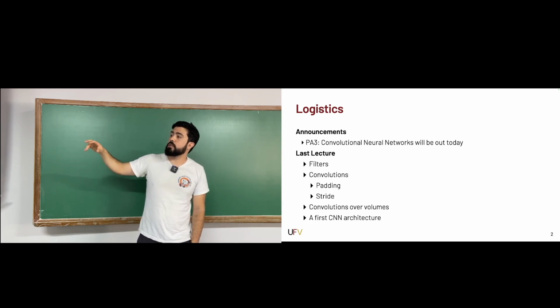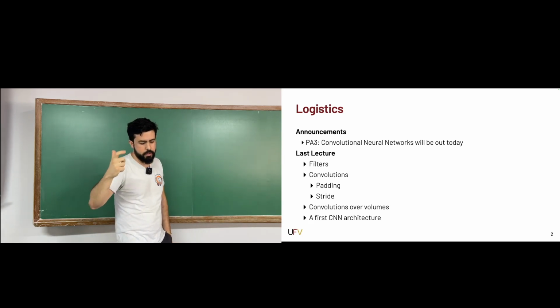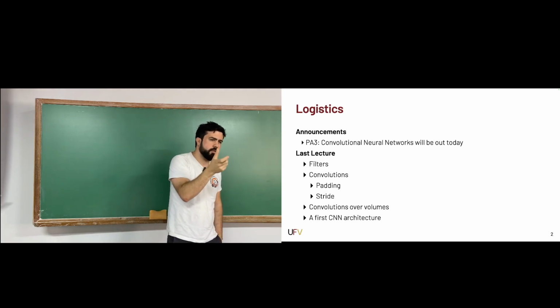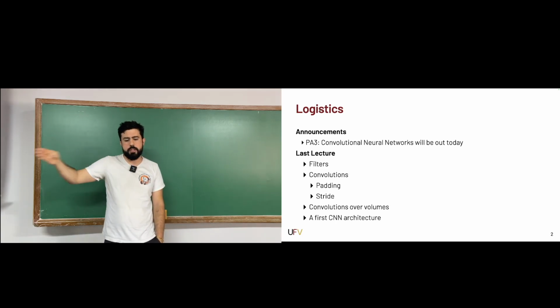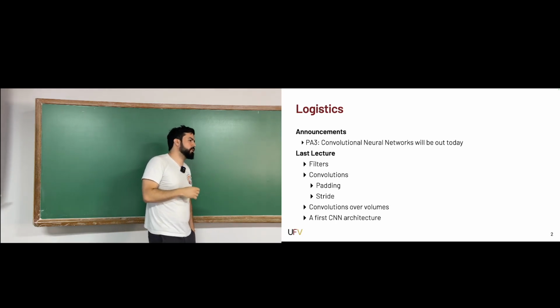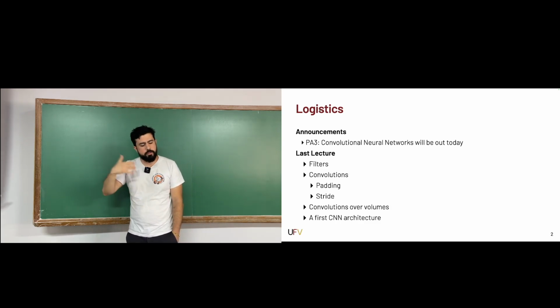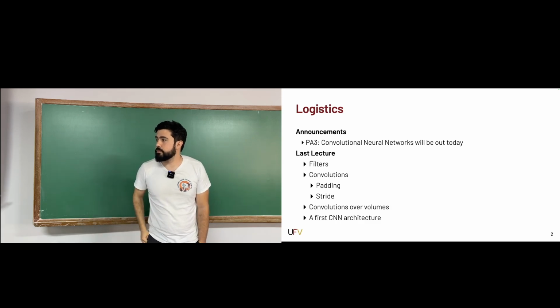And we saw convolutions over volumes. I'm saying volumes because we first start with an RGB image, which normally has 3 channels, so it's still a volume. But then as you keep applying these convolutional layers, we keep getting different volumes with different depths. So we saw how to apply convolutions to these volumes.